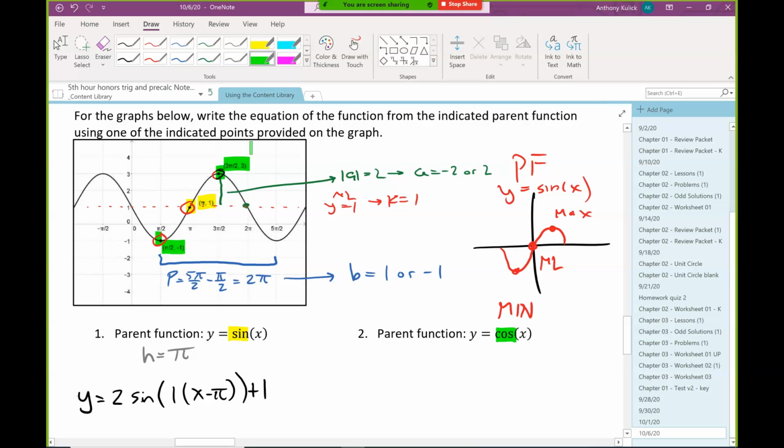It doesn't really matter. You can use either one. For the sake of argument, let's assume that we used the minimum. So again, that tells me right away the h value is just pi over 2. Again, it's just going to be the x-coordinate of our transformed function.